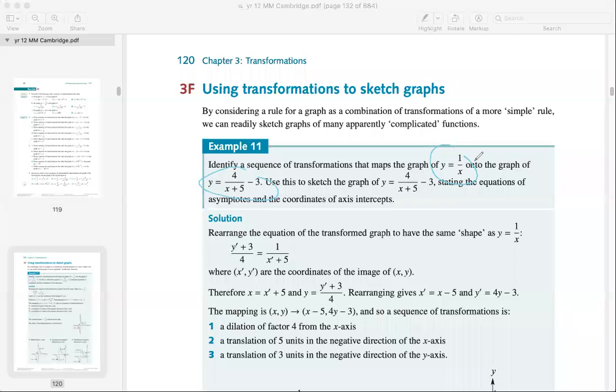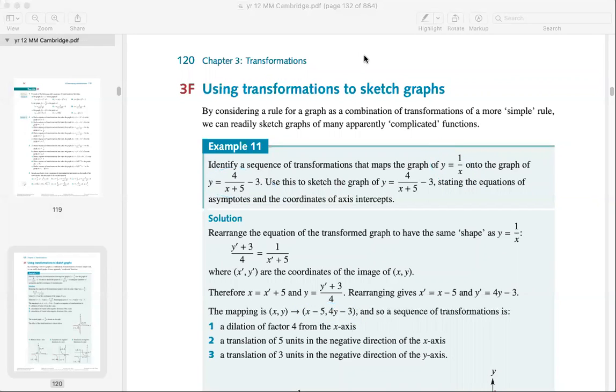Again, we rearrange the formula for the mapped function and get this one. Make sure you always do this. The first step is a dilation of factor 4 from the x-axis, then translate 5 units in the negative direction of the x-axis and translate 3 units in the negative direction of the y-axis.